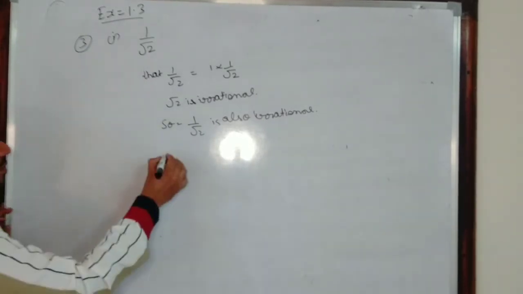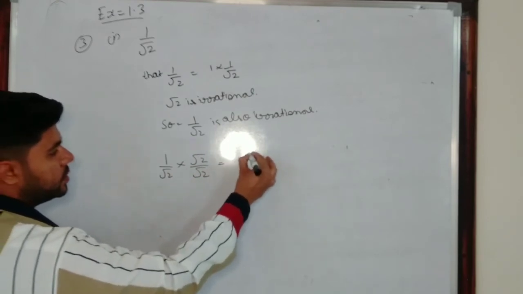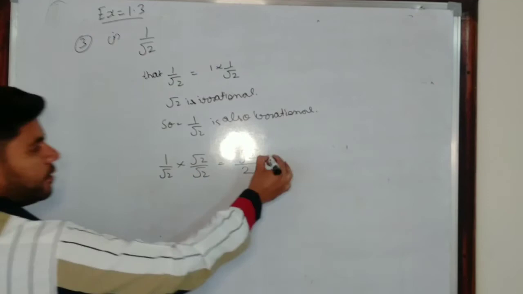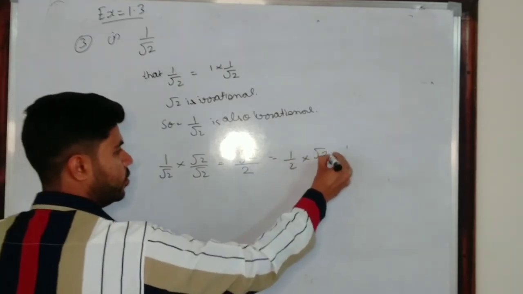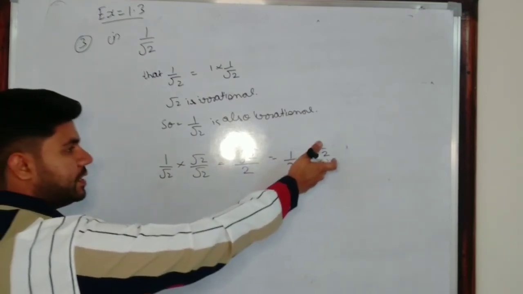We can also solve it as 1 by root 2 divided by root 2, that is root 2 by 2, which is 1 by 2 multiplied by root 2. Another way: 1 by 2 is rational and root 2 is irrational.